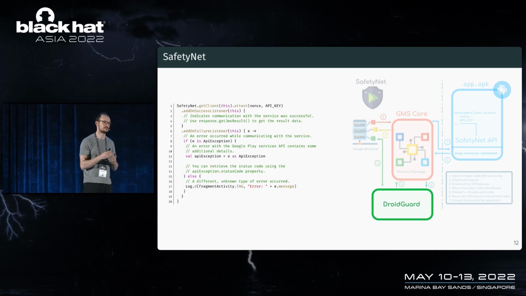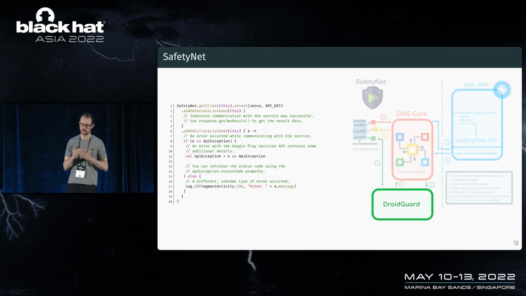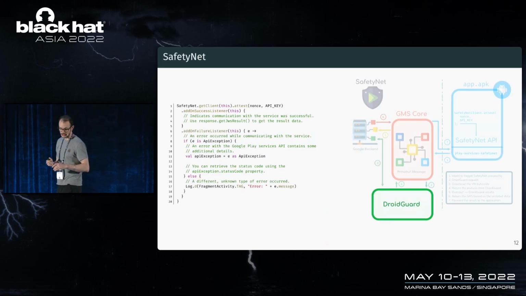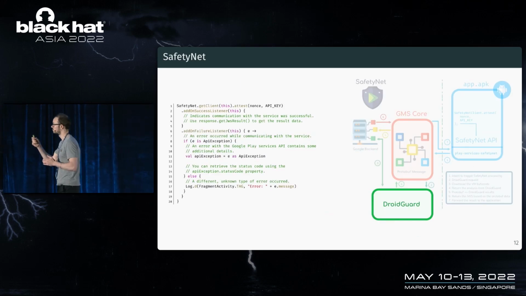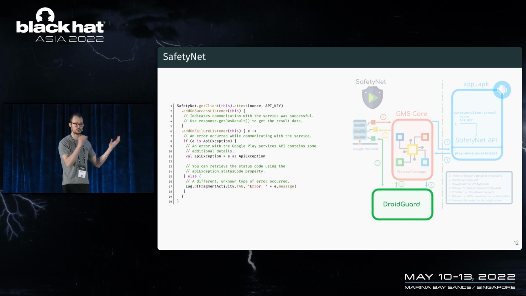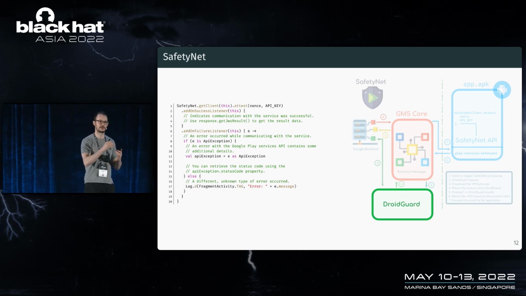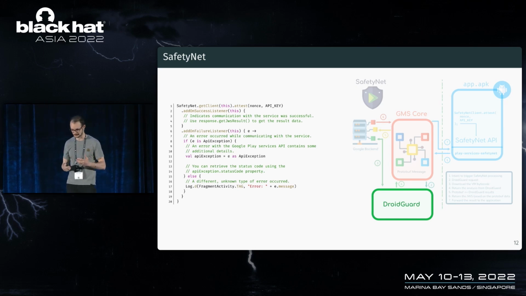I mean, if the device has been rooted, if it's an emulator, and so on. So most of the checks of SafetyNet are done through DroidGuard. Then DroidGuard will send the result to GMS core that will forward the information to the Google backend, and the Google backend will decide which flag to set to false or true.